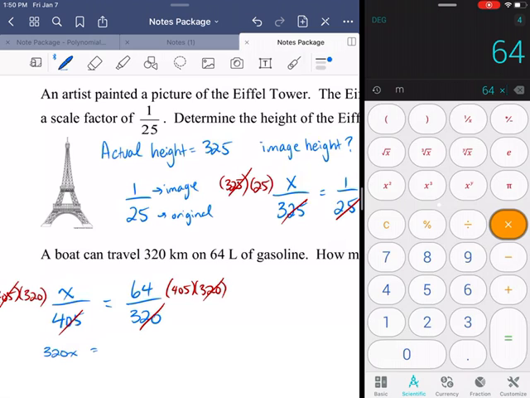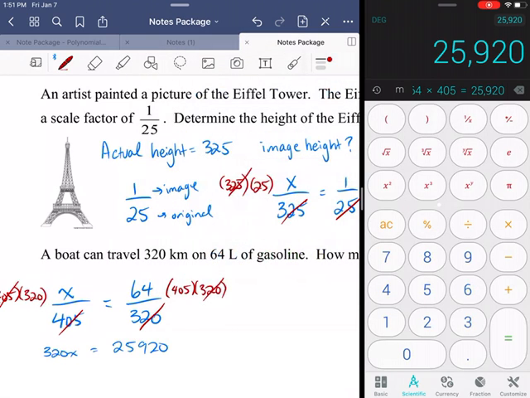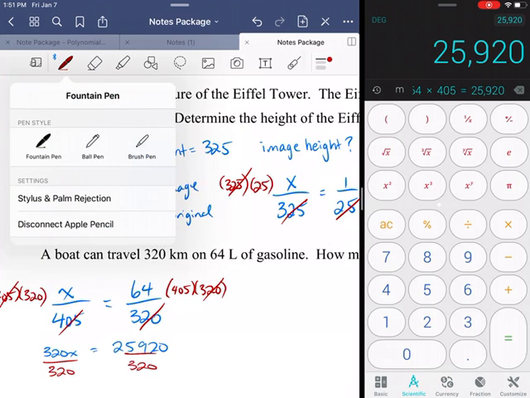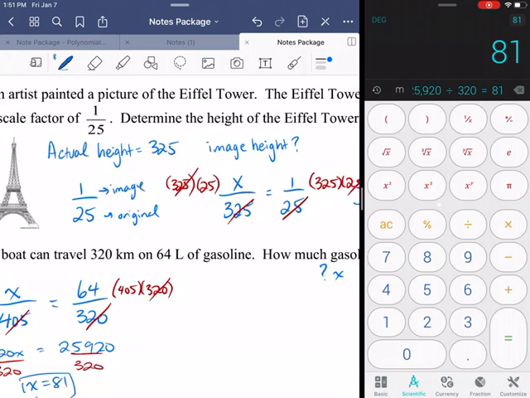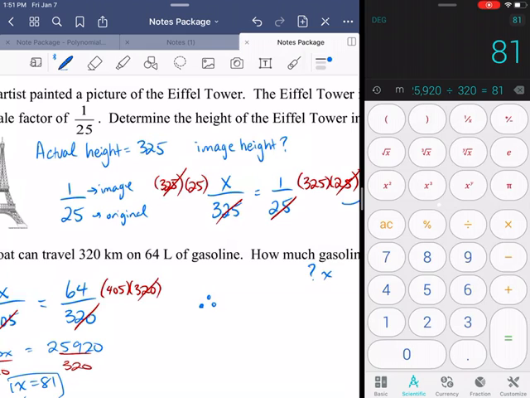So 64 times 405 gives us 25,920. And then go ahead and divide by 320. And x equals 81. So, therefore, the boat needs 81 liters of gas.